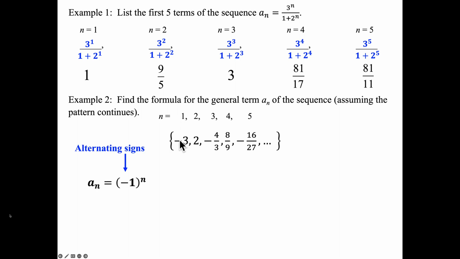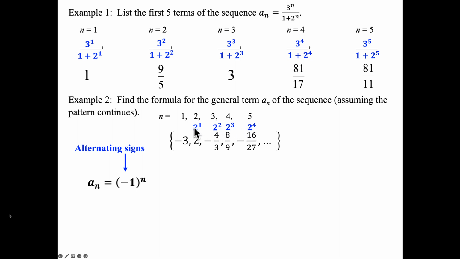Now, if that first term was positive and the second was negative, then we would put n minus 1. So 1 minus 1 is 0, and of course -1 to the power 0 gives us 1. Looking at my numerators, I notice that there's base 2 numbers here. 2 to the first, 2 squared, 2 cubed, 2 to the 4th.